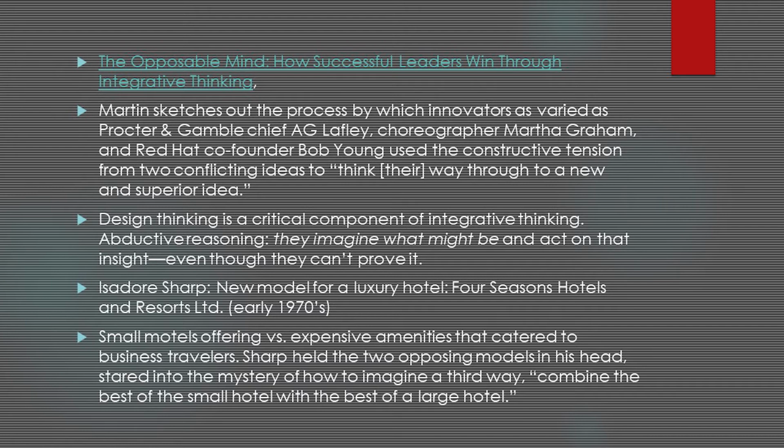All right. So in the same line of thinking, he was just referring to Isadore Sharp then, who said, well, we do have low-budget motel units, that's always hotel type of environments that were developed for families. And then you get your very high-end hotels that were designed for business people. And Isadore Sharp was the guy who started the Four Seasons hotels.